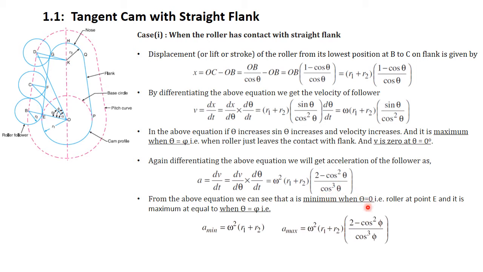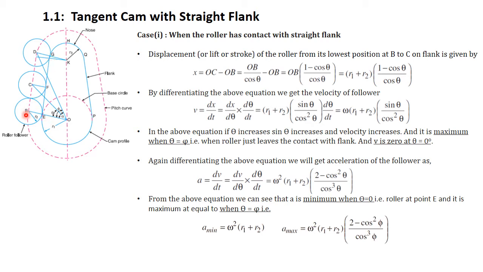As θ goes on increasing from 0 to some value, say φ, the value of the numerator increases and the denominator decreases, and we can say that acceleration increases as the follower or roller moves ahead.